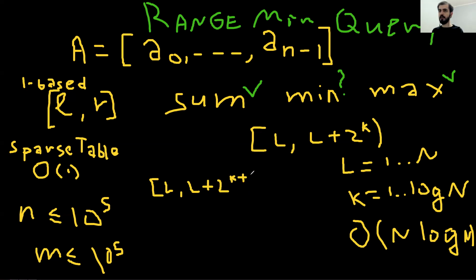So suppose I know all such segments with some k, and I want to find them with k plus 1. And I can again use some sort of segment decomposition. I just slice into 2 halves, right?